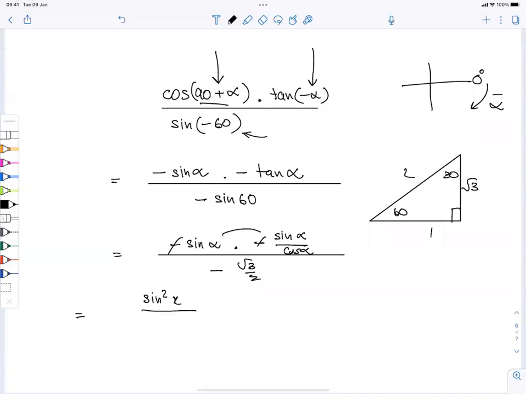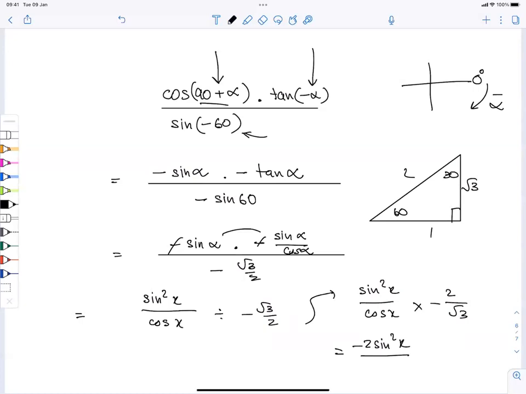And the bottom of that, I have cos x. And that I'm going to divide with negative root 3 over 2. And that means if I rework that sum, I'm multiplying it with negative 2 over root 3, isn't it? Mm-hmm. So I have 2 sin square x over negative root 3 cos x. Okay, so that was a made up sum. And that's why it's got a funny answer.